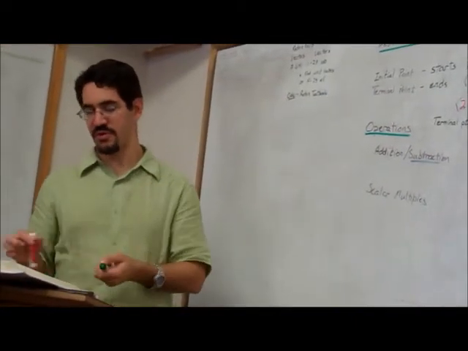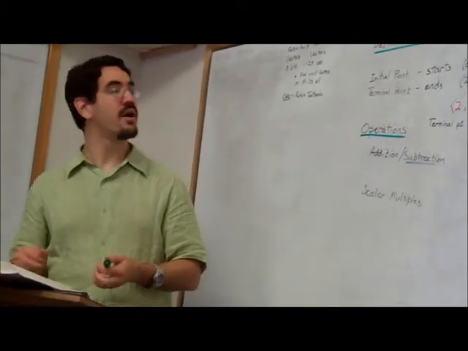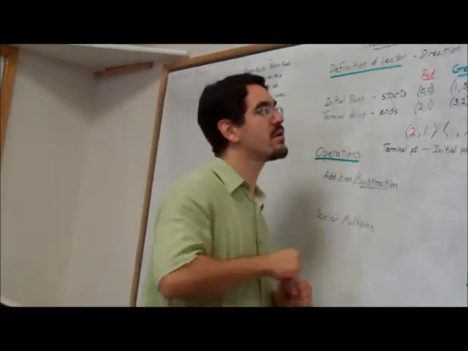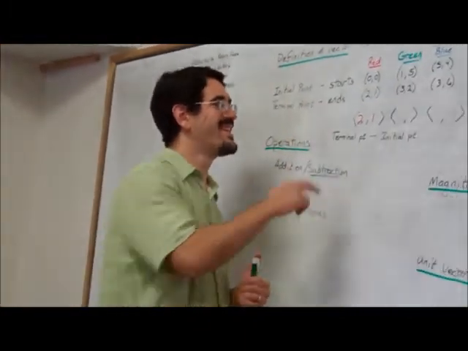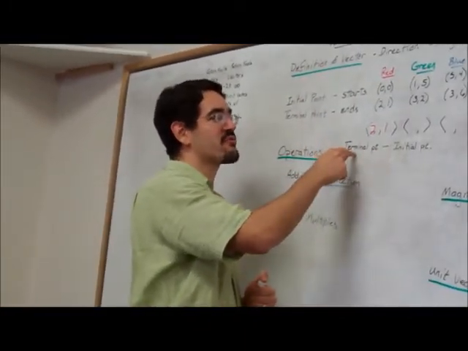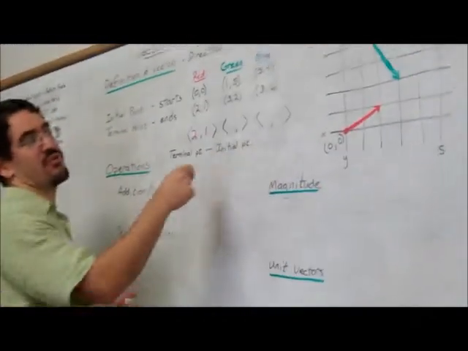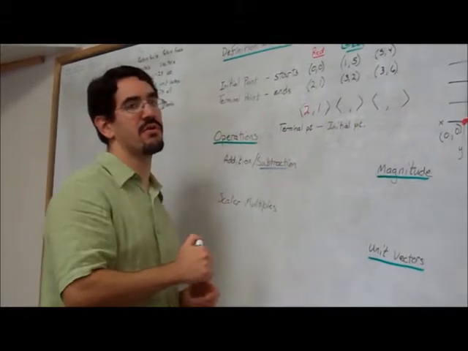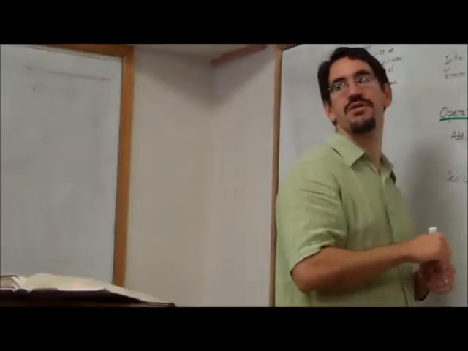How about our green vector? James, what's the green? The green vector. Remember, you can describe it by the terminal point minus the initial. Terminal point minus the initial.